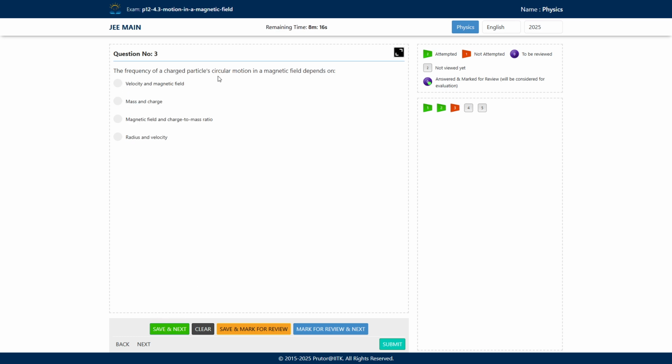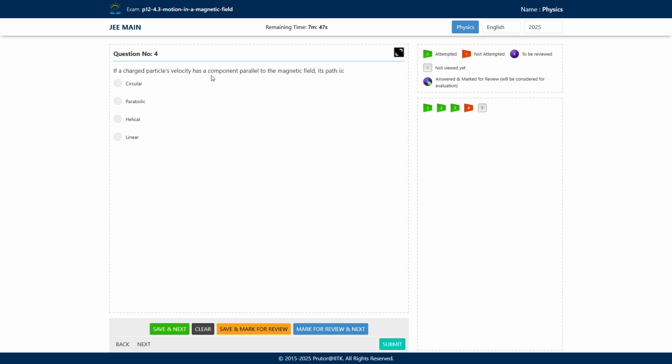The frequency of a charged particle's circular motion in a magnetic field depends upon velocity and magnetic field, mass and charge, magnetic field and charge to mass ratio, or radius and velocity. Okay, someone is saying third option.